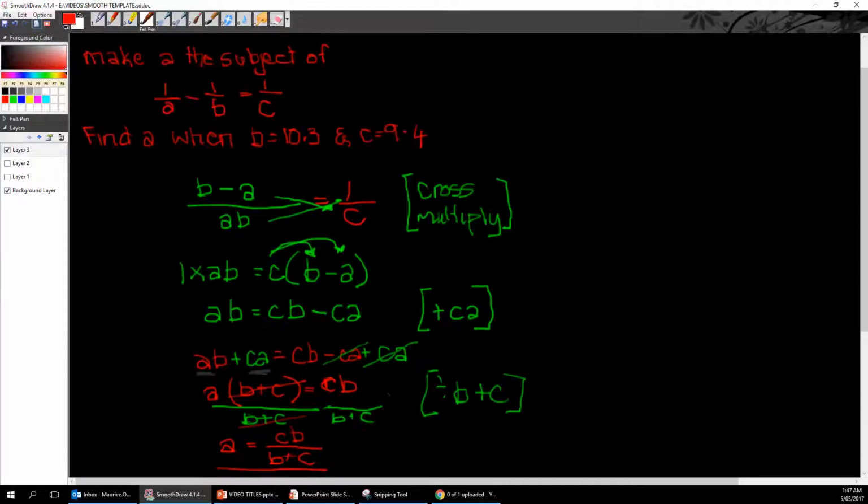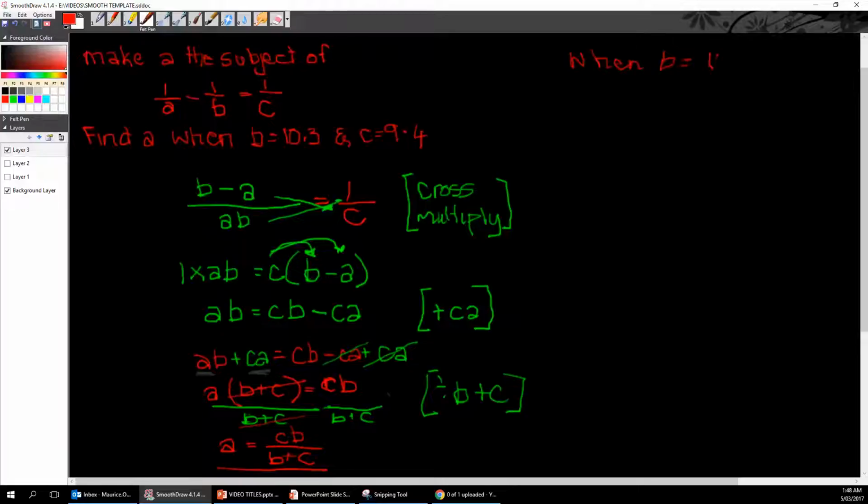All right, now let's solve it for when B equals 10.3. And that's not very clear, is it? Good old smooth draw.